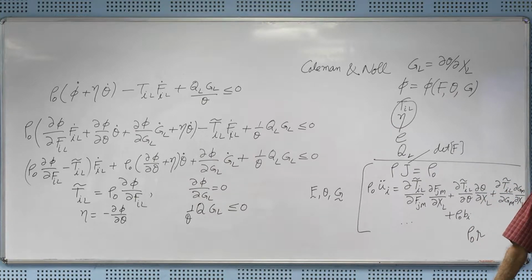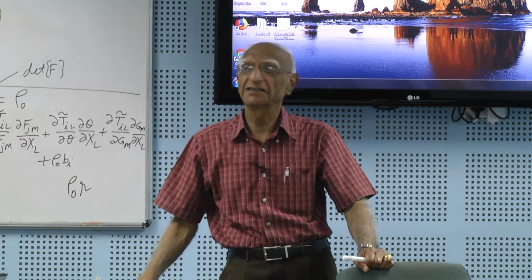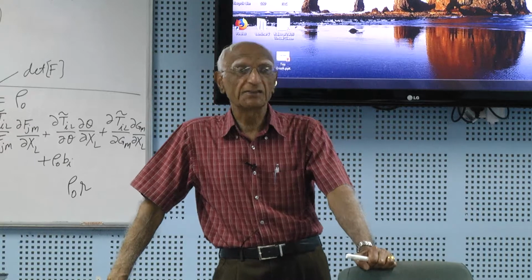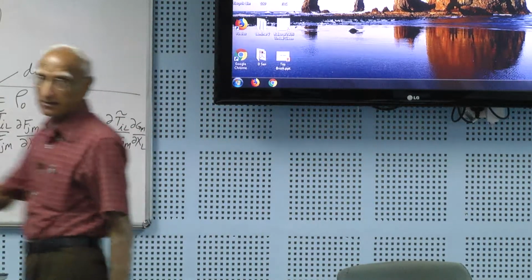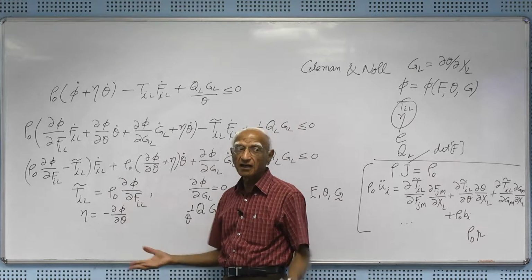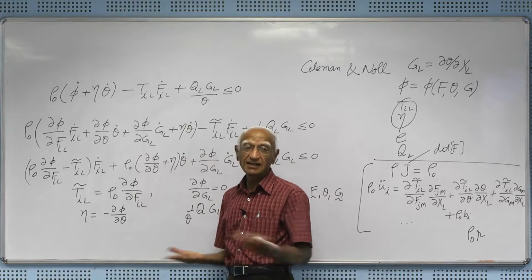So I get the remaining 10 free, or 9 plus 1, 10 free. See the simplification caused by the requirement that the entropy inequality must be satisfied. And once I find T_IL and eta from these, I don't have to worry about satisfying the second law of thermodynamics. It's satisfied.